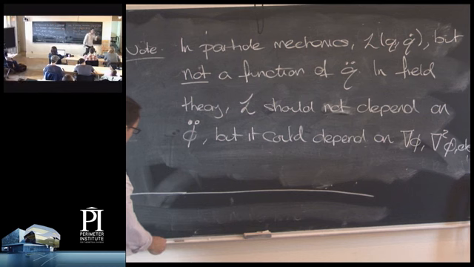Is that the question you asked? So why can't the Lagrangian density depend on phi double dot? Oh, it's basically the reason that you need two initial conditions, the initial position and the initial momentum, in order to dictate the rest of the motion of a particle, or indeed of the field.